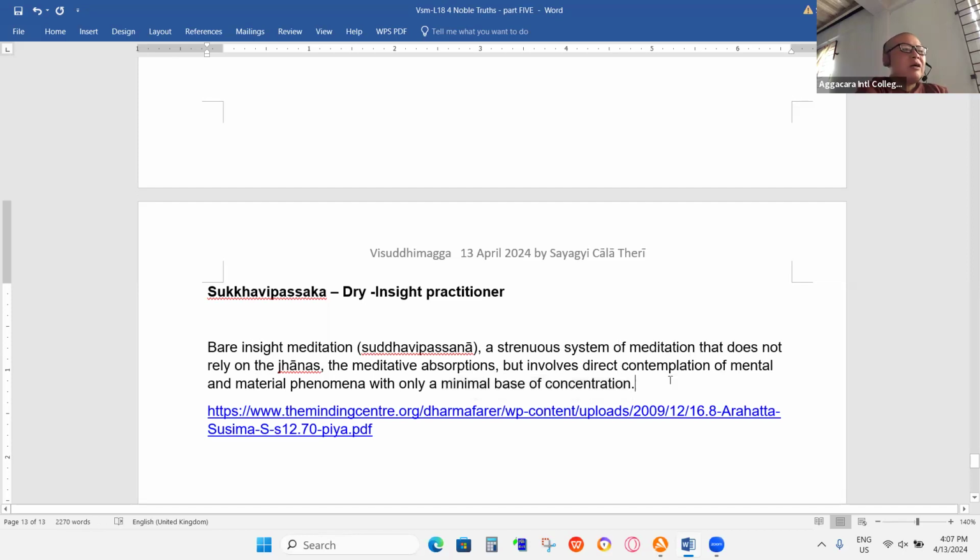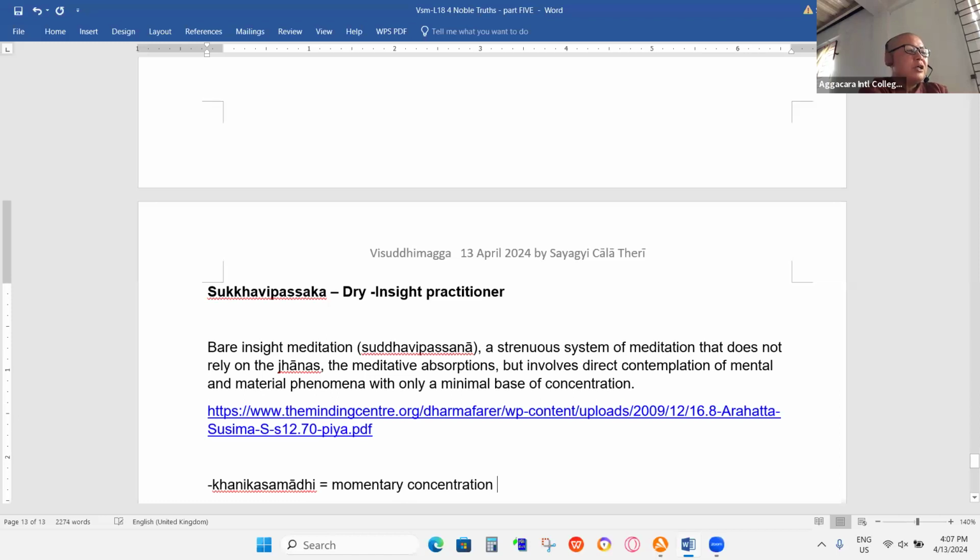They need some kind of concentration. In this one, we call it khanika samadhi, which is momentary concentration to contemplate on nama rupa. So this is called bare insight meditation or sukha vipassaka, right? This is more what we call the Mahasi method.